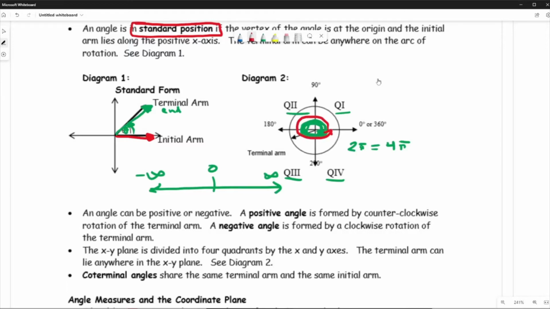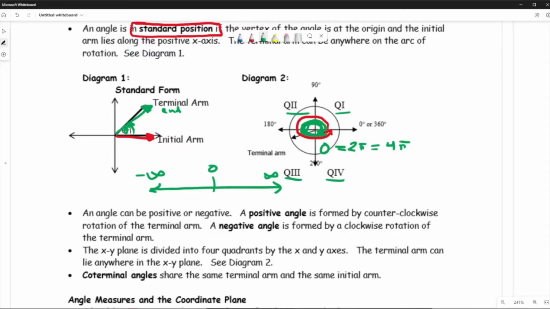And for that matter, 2 pi is the same angle as 0. 0 is the same angle, 2 pi is the same angle, 4 pi is the same angle. Because imagine you're facing your computer right now, or you're facing forward, and then you turn 360 degrees. You haven't actually changed the way you're facing. You're at the same angle you were when you started.